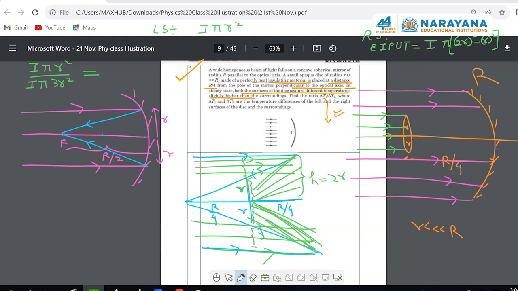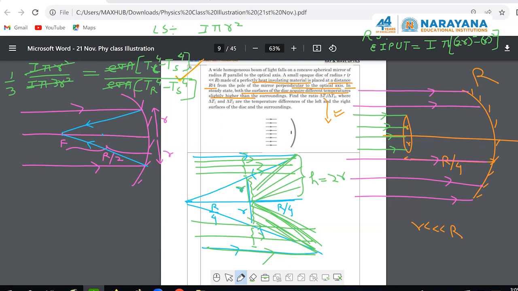So that is E sigma A into T right raised to the power 4 minus T surrounding raised to the power 4, and for the left, T left raised to the power 4 minus T surrounding raised to the power 4, with E sigma A again. This E sigma A cancels out. This comes out as 1 by 3.